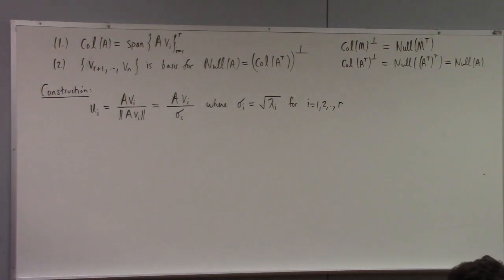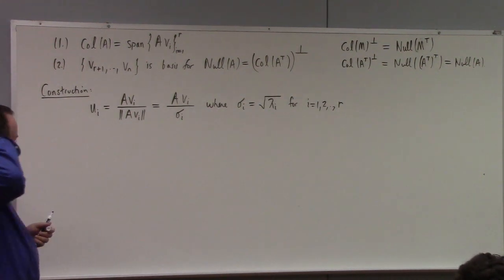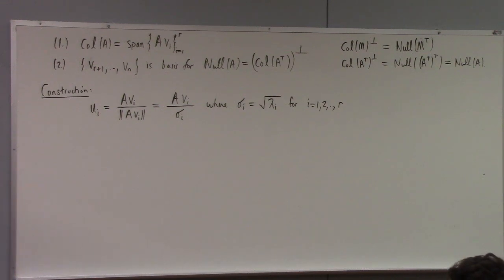These sigmas are the so-called singular values. They're the singular values of A. So the singular values of A are the square root of the eigenvalues of A transpose A. It's really kind of bizarre.